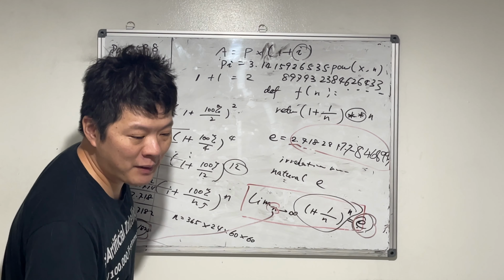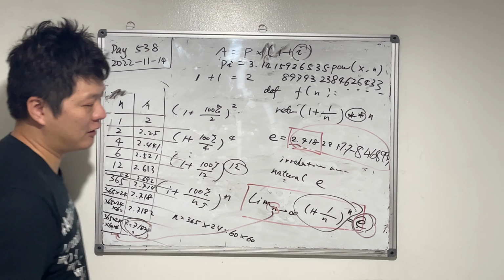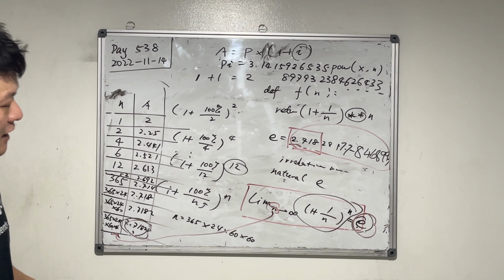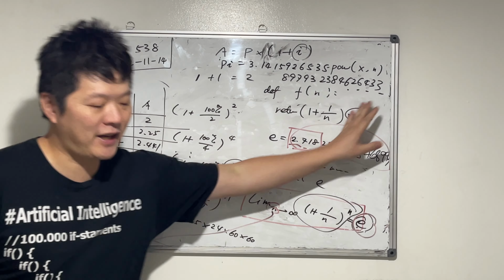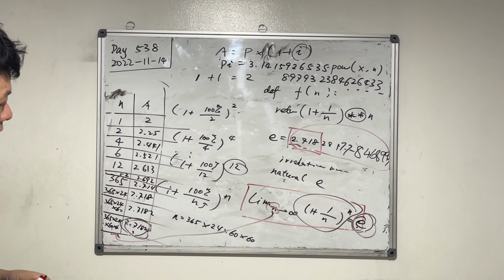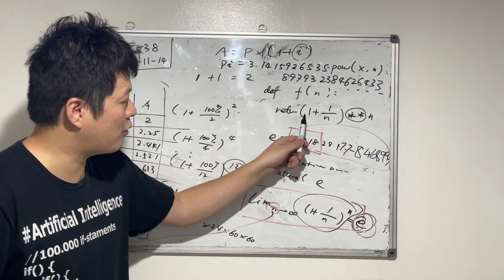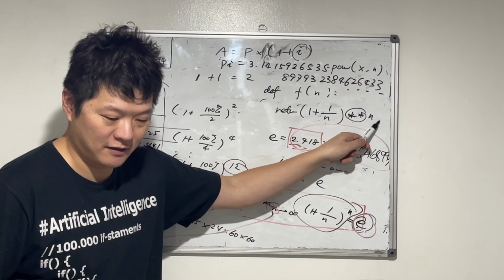You only have to remember these 3 digits. The rest we don't care about. 2.718281828459. And then look at the Python script: 1 plus 1 divided by n, to the power of n.